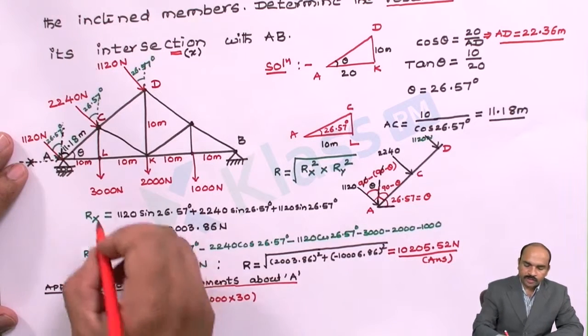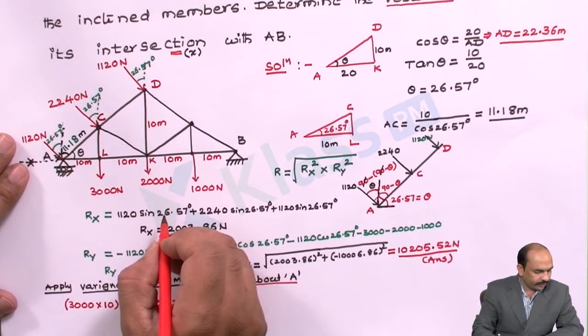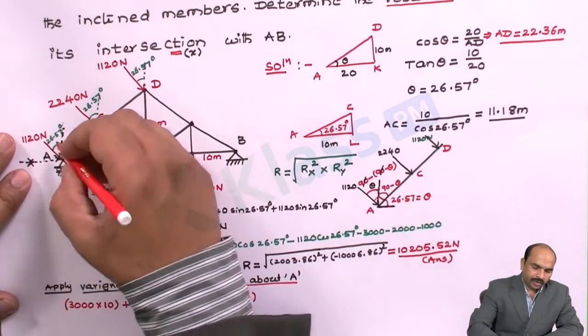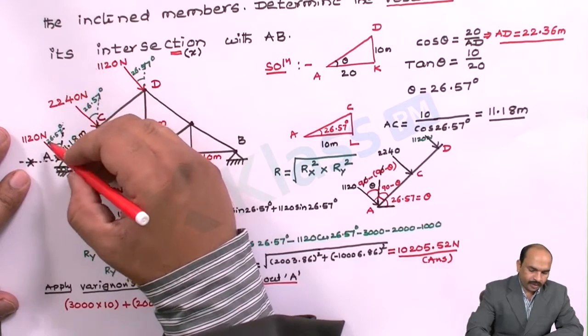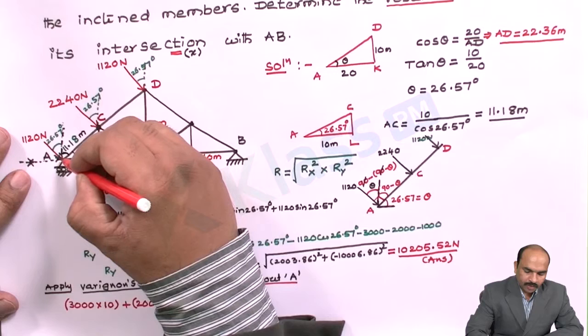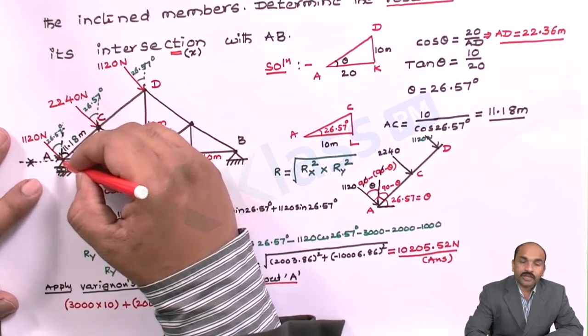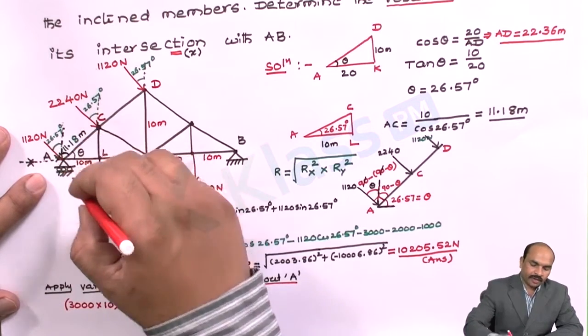These are the moments because of these vertical forces. Then let's take the moment of this force: 1120 into its perpendicular distance from A, which is 0. So the moment because of this force becomes 0, because we are taking this point as the reference.